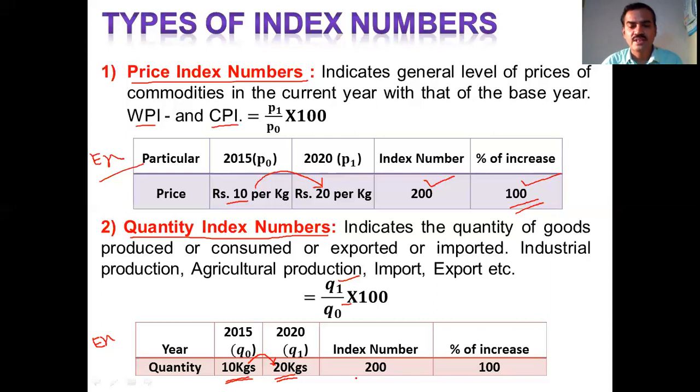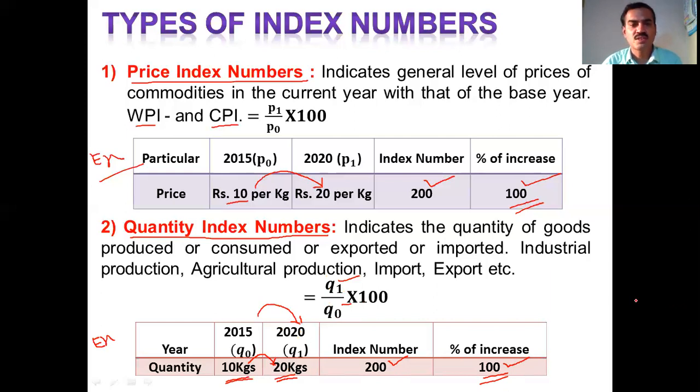If we calculate the index number using the formula, Q1 is 20 kg divided by Q0 which is 10 kg, that is 20 kg divided by 10 kg into 100, we get the index number 200. If you deduct the base, that is 100, we get 100%. It means that there is a 100% increase in the quantity from the year 2015 to 2020. This is how the quantity index number is calculated.